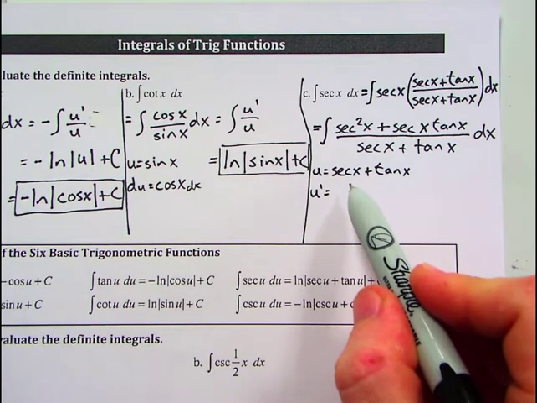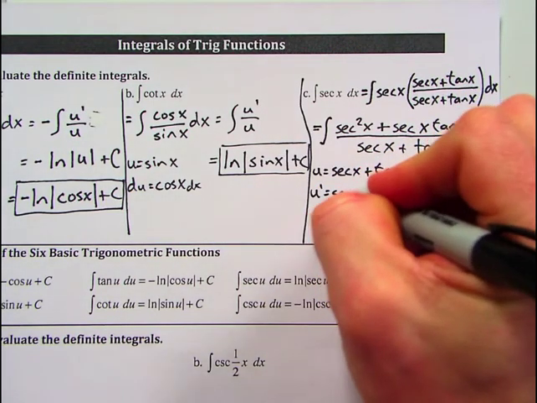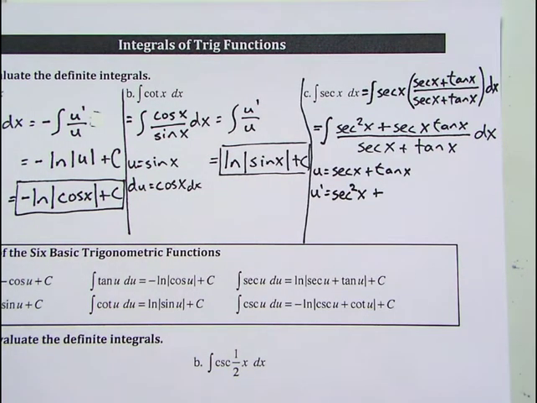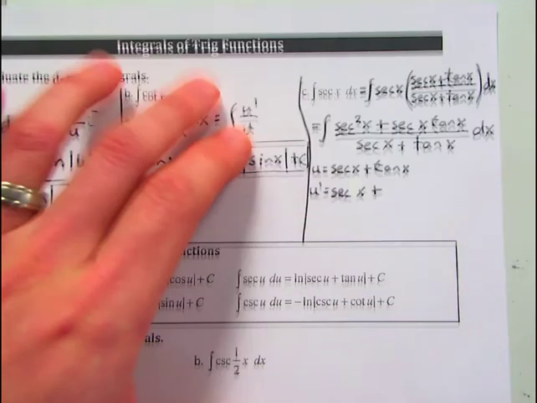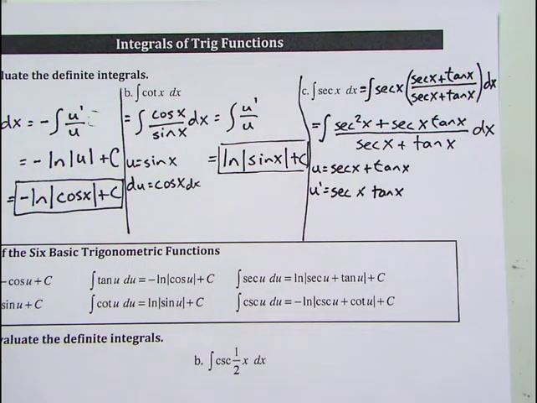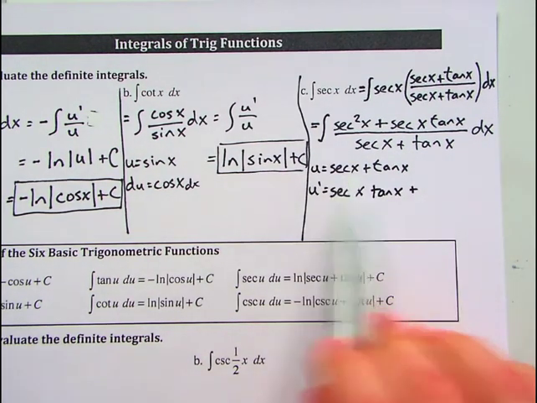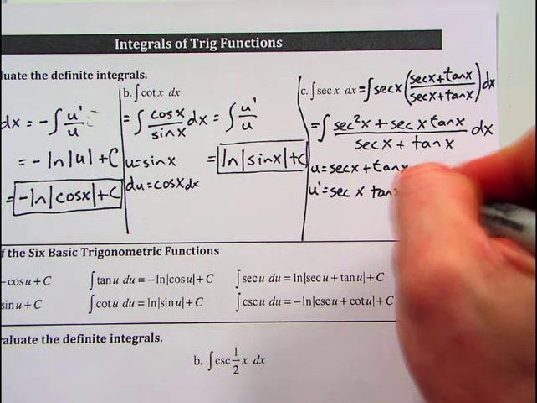Those are just kind of hard to keep memorized. It is secant x tangent x. Sorry about that. So the derivative of secant is secant x tangent x, and then the derivative of tangent is secant squared.